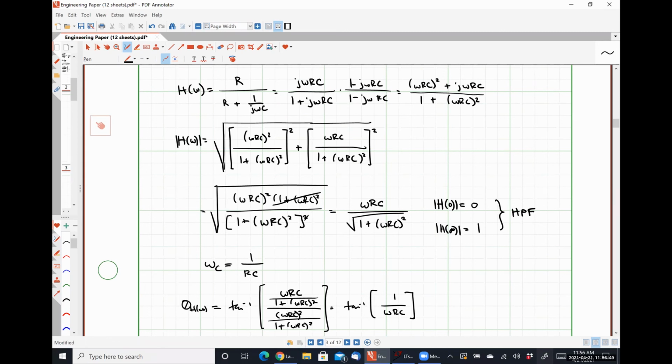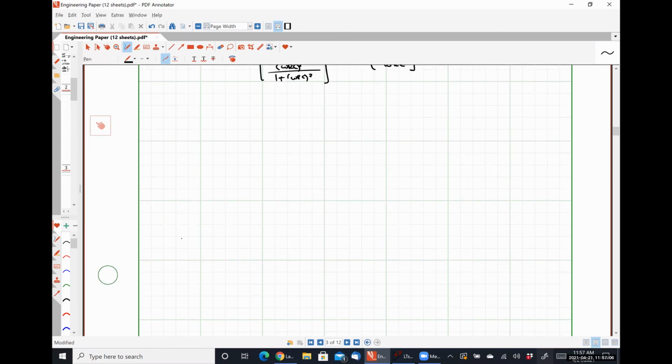So now we have our magnitude response and our phase response. And so our first order high pass filter is covered.